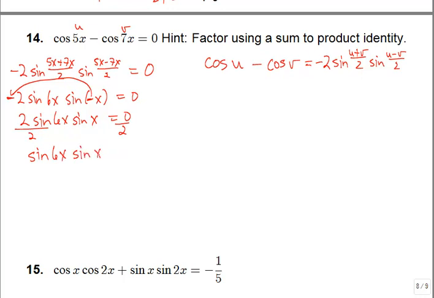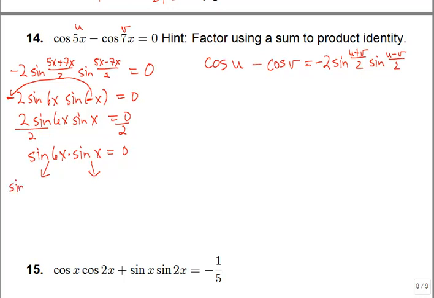So now, instead of having a difference of two cosine functions with two different angles, we've turned this into a product of two different sines. And yes, they do have two different angles, but because it's a product set equal to 0, we can now just set each of these factors equal to 0.